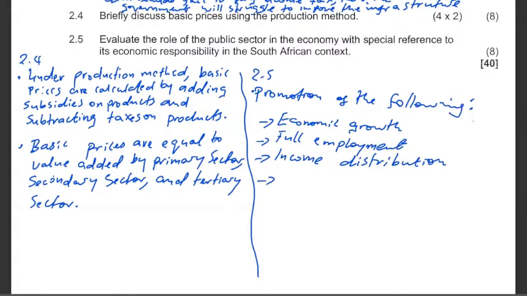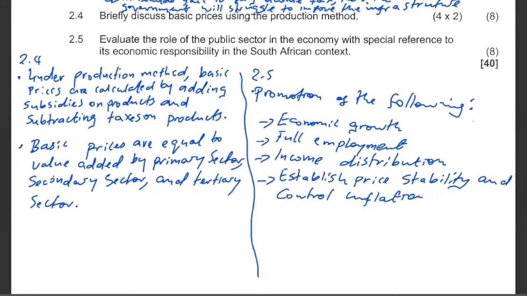And then another one, establish price stability and control inflation. Okay, right. So now lastly, we also said that economic equity should also be maintained. We also have economic equity.